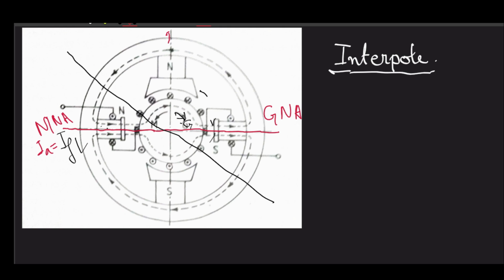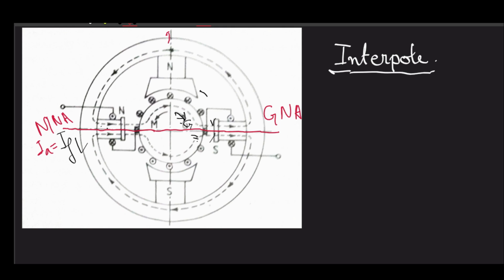So if we place an interpole having the polarity of this one, it will neutralize the excess armature MMF that tries to deviate your MNA from GNA, and make sure your MNA still coincides with your GNA, even if you load the machine.